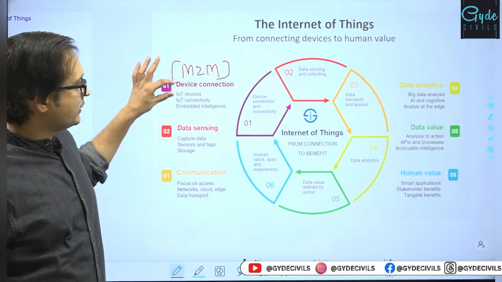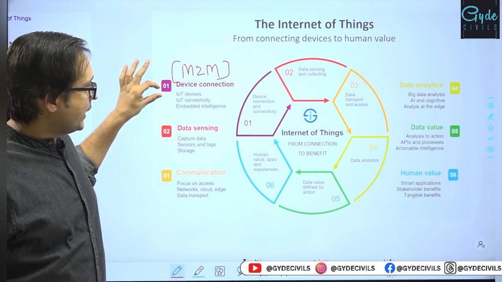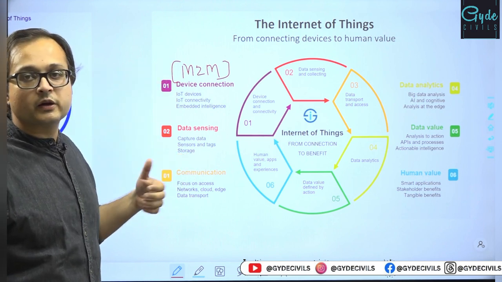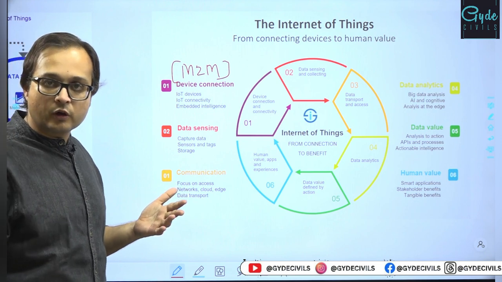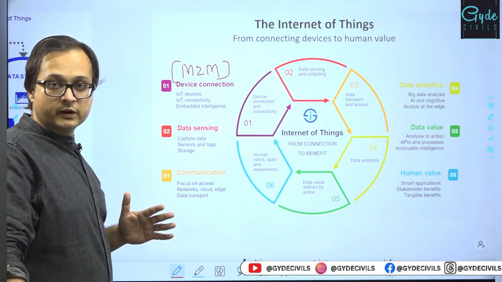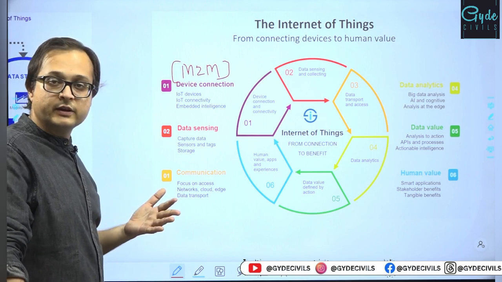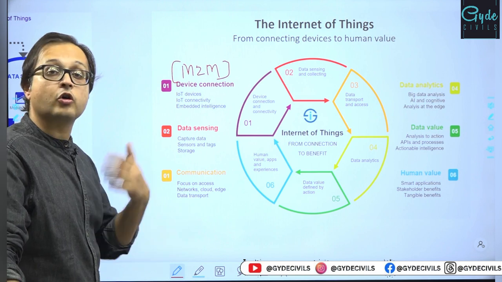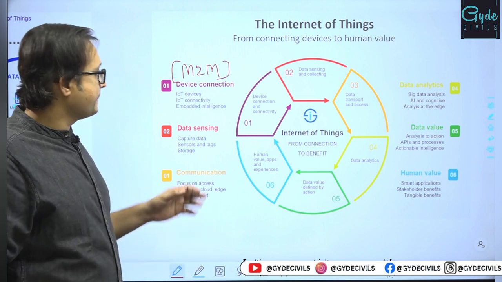IoT enabled devices, IoT connectivity, specific sensors are being created so that they can maintain those protocols which are required for Internet of Things, and embedded intelligence is present with the devices. That intelligence is to analyze the data, or to send the data for analysis, or to connect up to the internet itself.